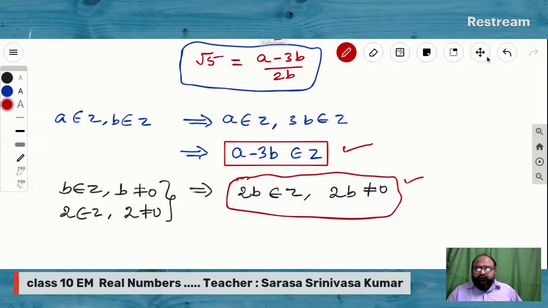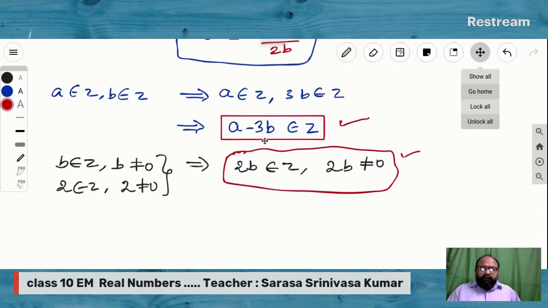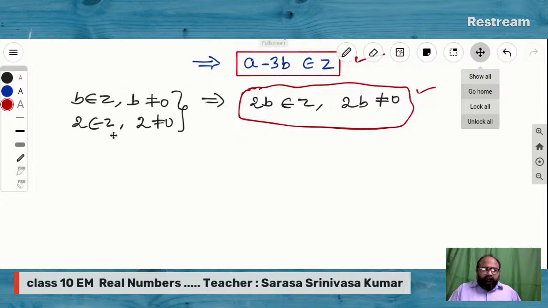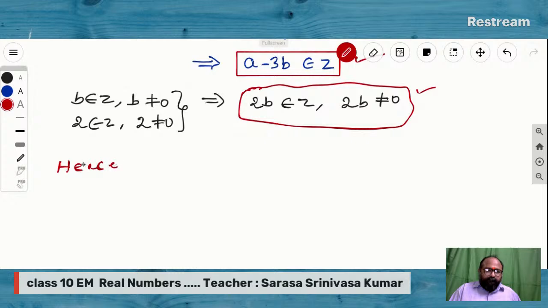we get that a minus 3b by 2b is a rational number.